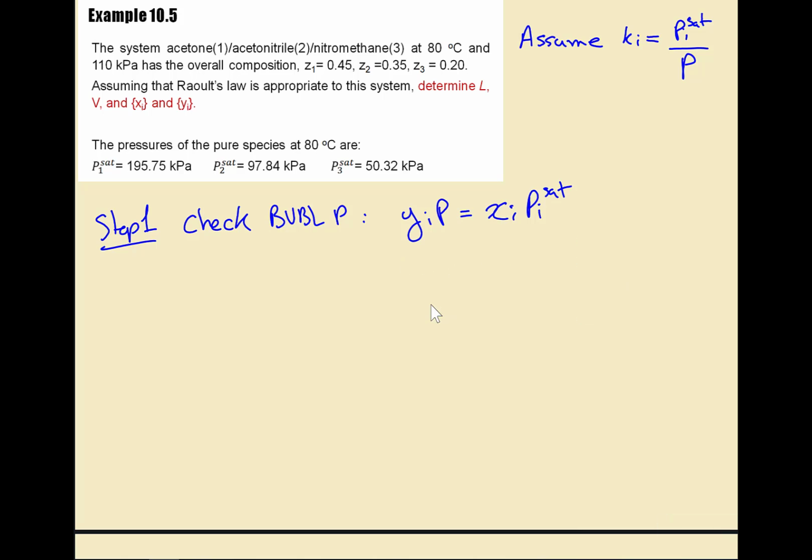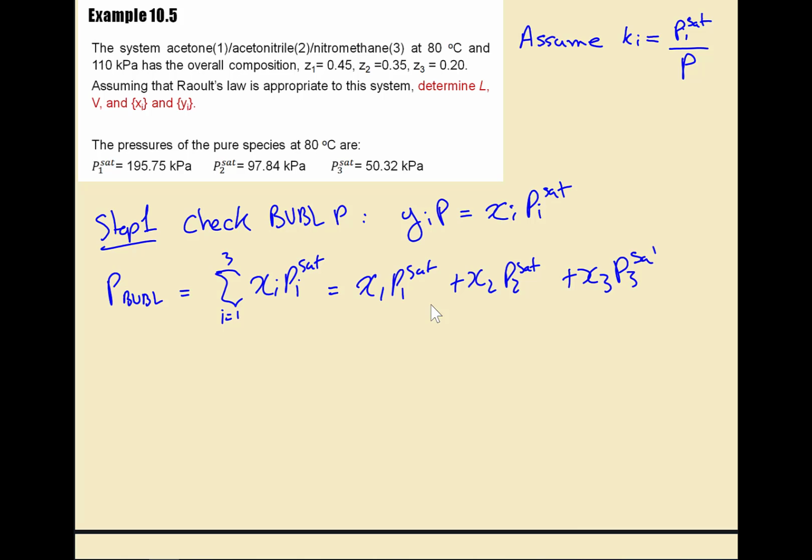So we're going to just write it: P bubble equals the summation. In this case, we have three terms, so i equals 1 to 3, of x_i P_i sat. The P_i sats are all given, right? And we're going to assume the composition is all in the liquid, so we'll have all that as well. So we get x_1 P_1 sat plus x_2 P_2 sat plus x_3 P_3 sat.